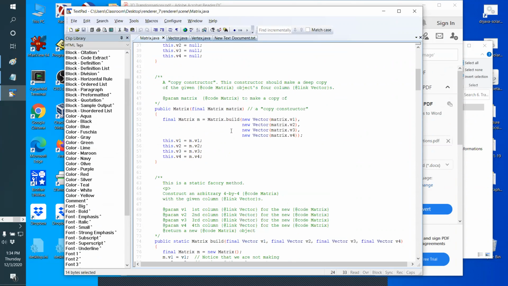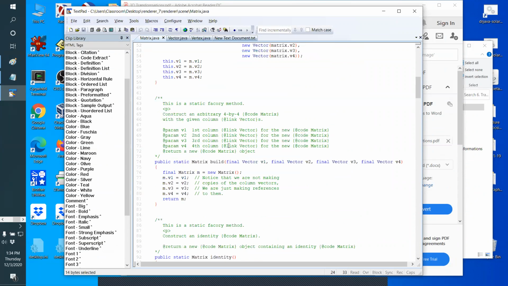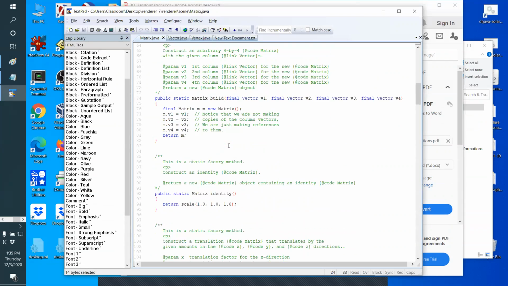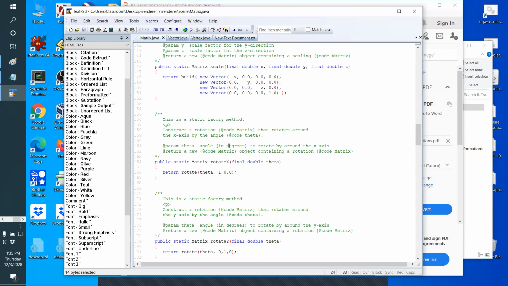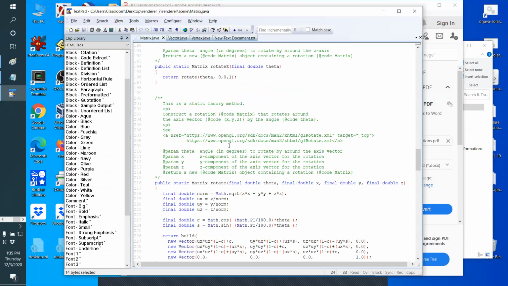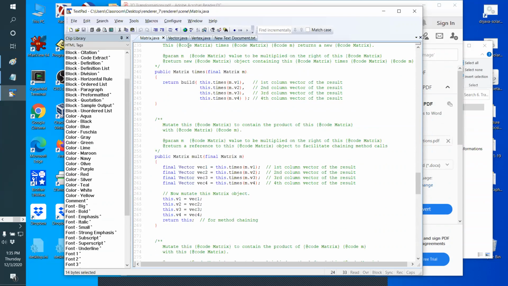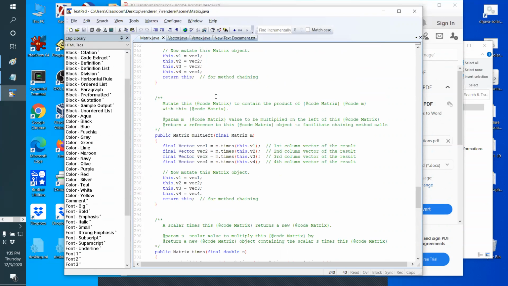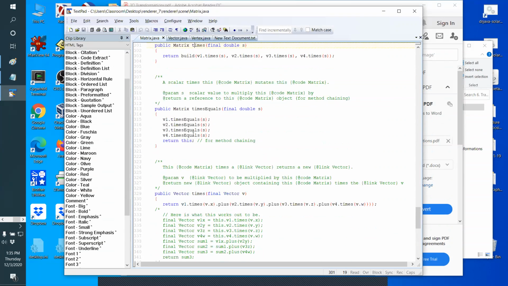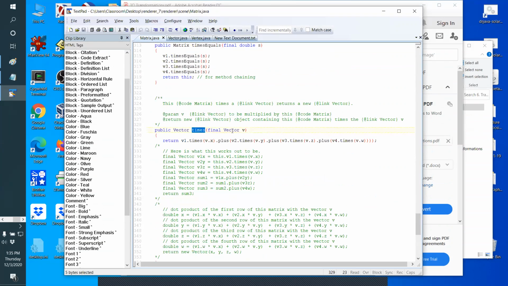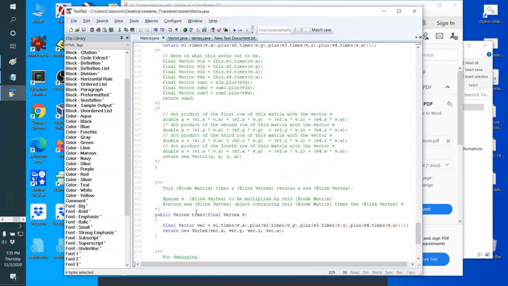And then this class implements matrix multiplication. So it lets you multiply matrix times matrix, matrix times vector, matrix times vertex. So it does all these different operations. There's matrix times matrix, there's matrix times vector, and there's matrix times vertex.